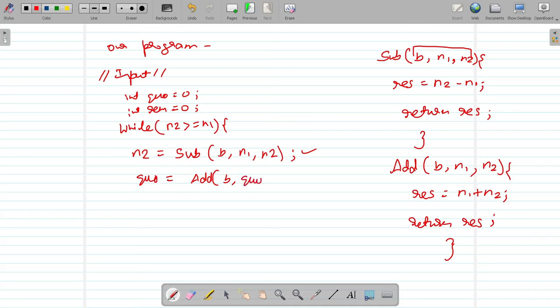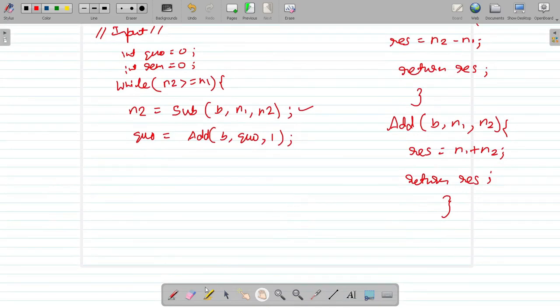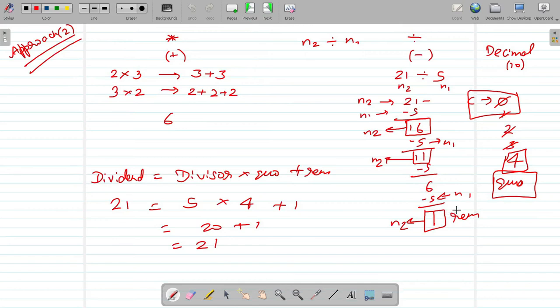So we will pass quotient, which will have the old value, and then we will pass 1, because we have to increment it by 1. So this function will now increment quotient by 1, keeping it in base b. I hope we are clear up until here. So by doing this, our quotient is done.